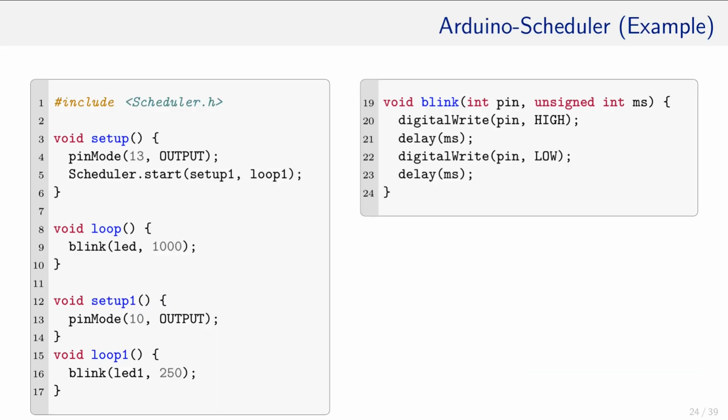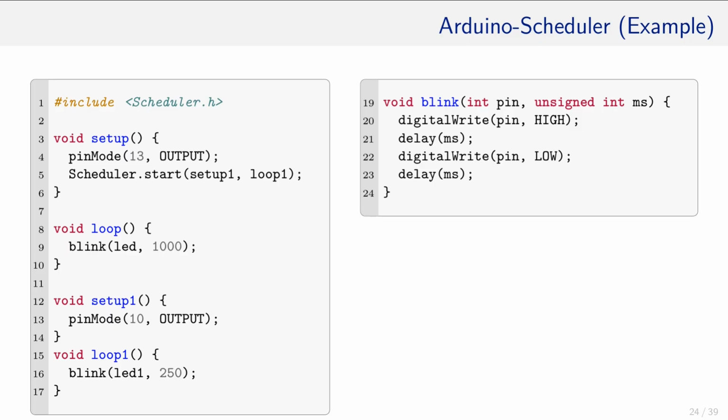How is the scheduler used in the program? First, this Arduino program executes the setup function as usual. In this setup, the scheduler starts another task with two parameters. The first one is the setup function of that task, here setup1. And the second parameter is the loop function of that task.